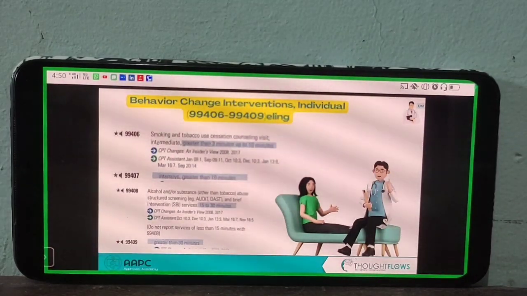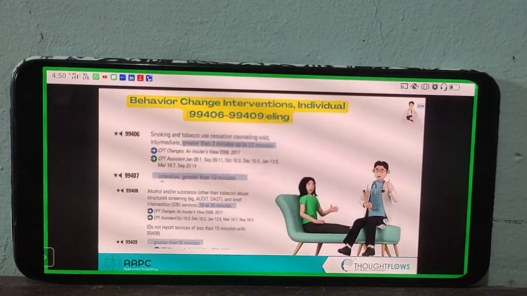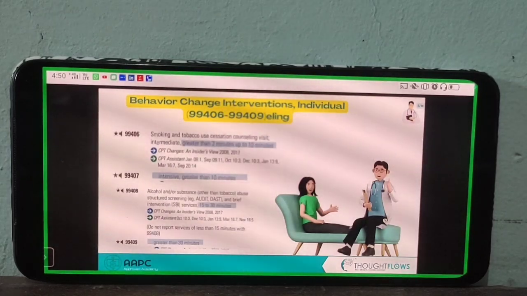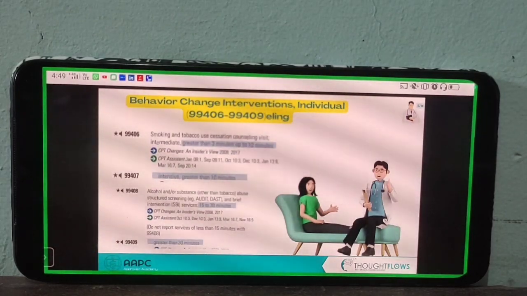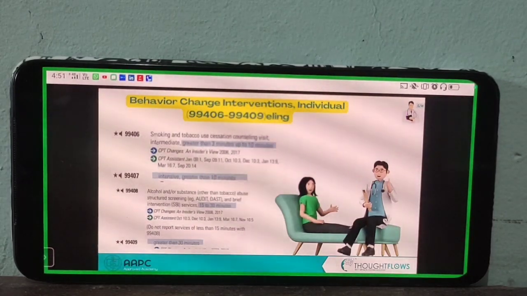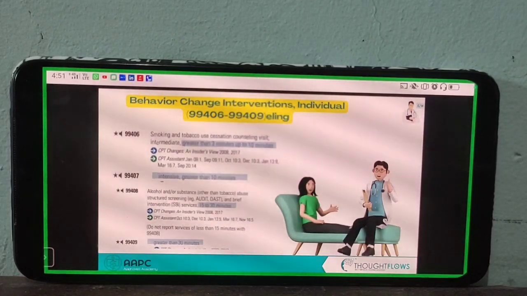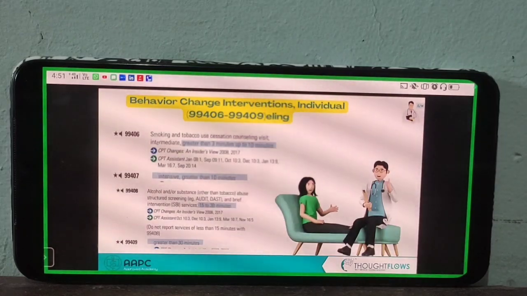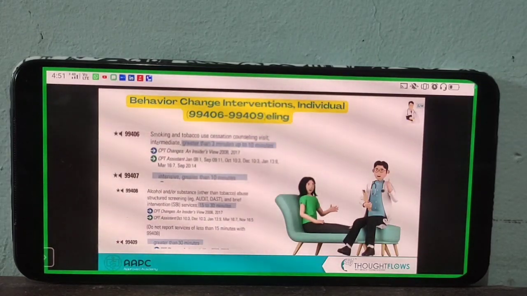If the doctor spends 3 minutes to 10 minutes, we can't apply this code for 1 or 2 minutes.